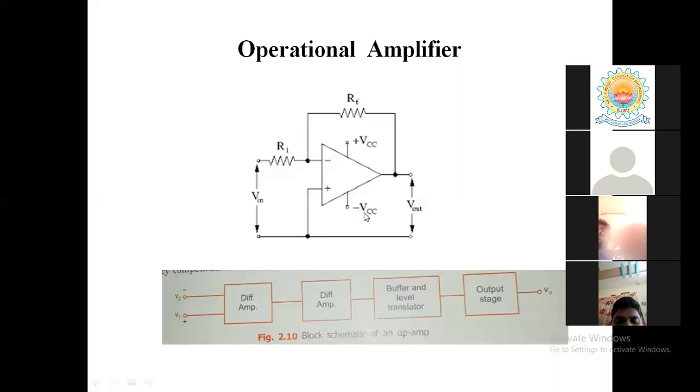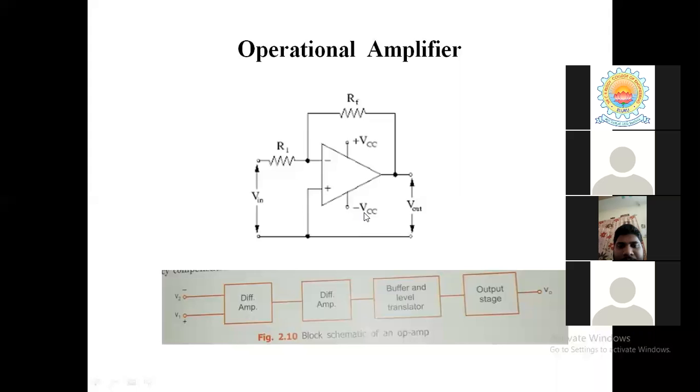Now if we see this operational amplifier in an ideal condition, what can we see? The output voltage gain should be infinite. So we can see the ideal characteristics of the operational amplifier.